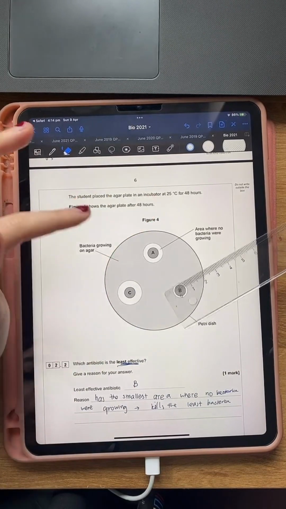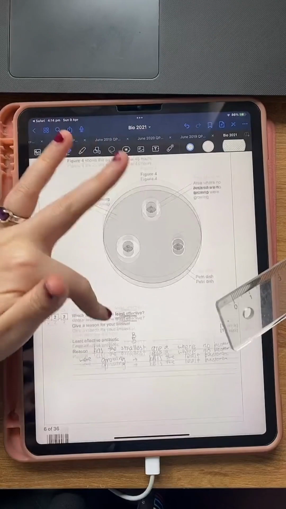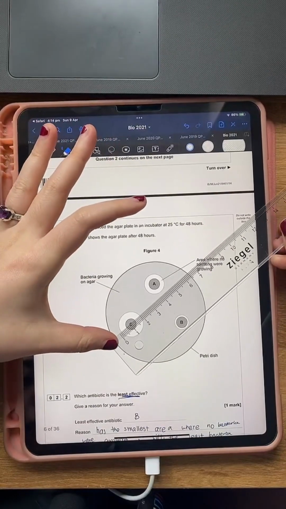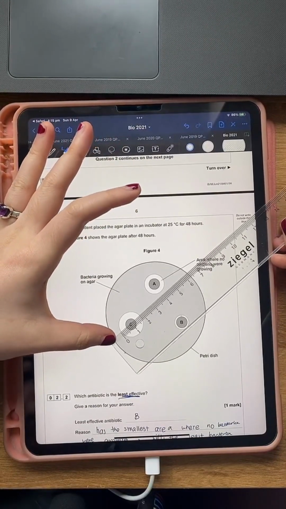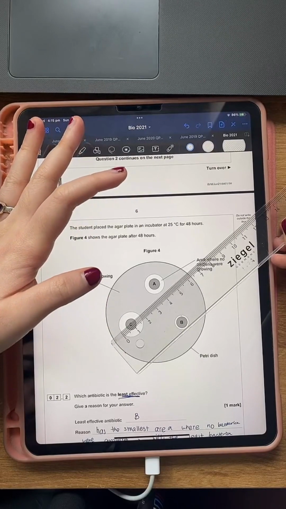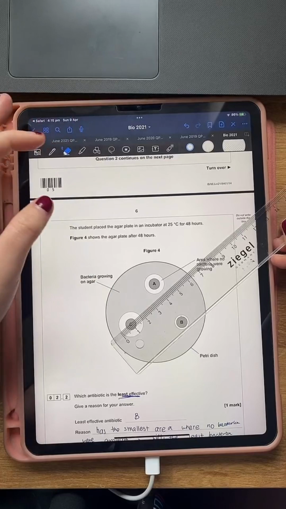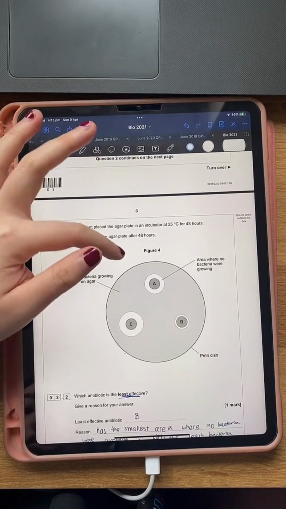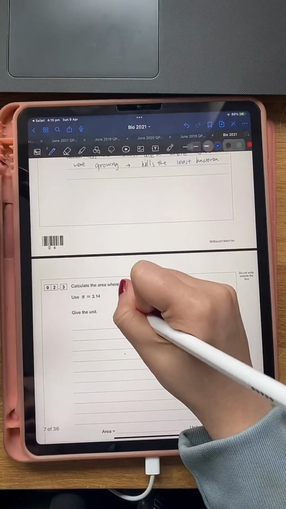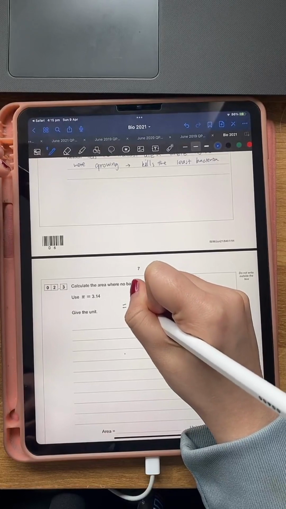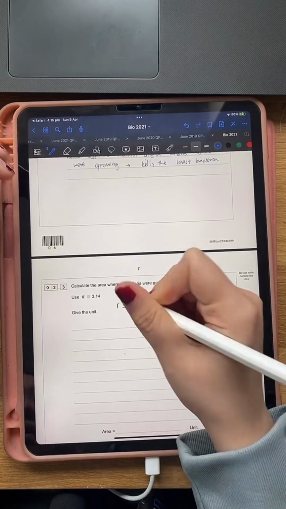So that's around 1.8 for the diameter. Is that right? That's around 1.8. So that means the radius is around 0.9. So the radius is 0.9 centimeters. We're finding the area.